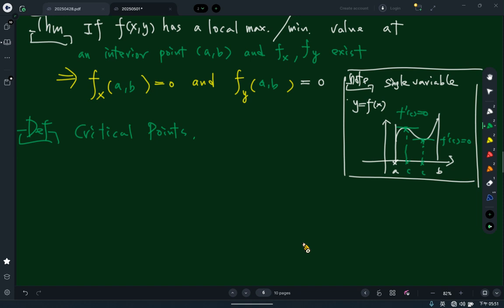Do you still remember critical point? A critical point means the point is very important. They have some special characteristic. So what is a critical point?